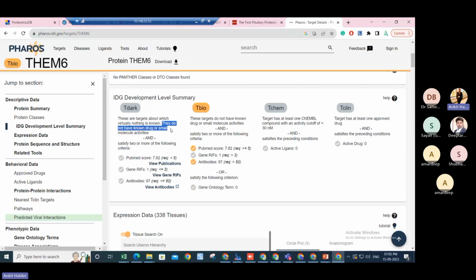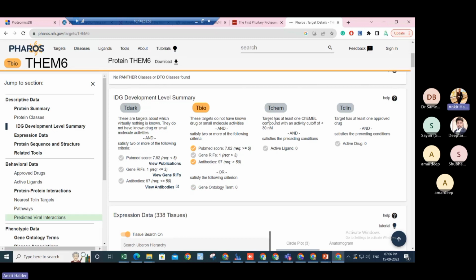They do not have known drug or small molecule activities and satisfy two or more of the following criteria: the antibody score and PubMed score. Then the T chem has at least one ChEMBL compound with an activity cutoff of less than 30 nanomolar.